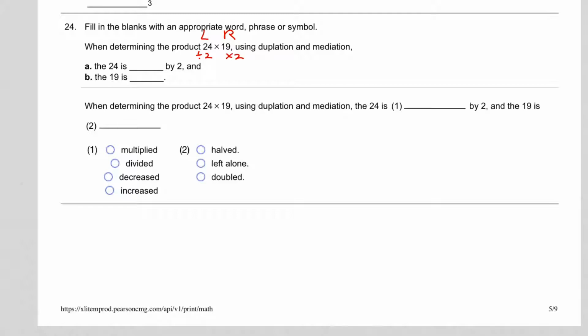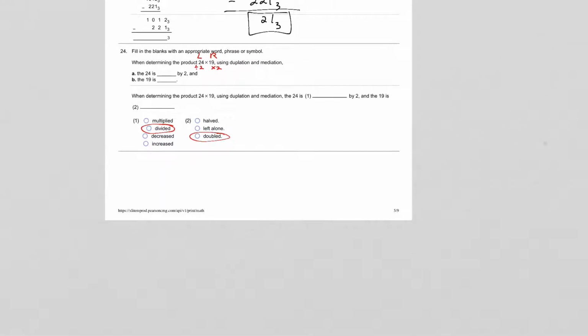So the 24 is divided, he's on the left, and the 19 is on the right, so he is doubled. Okay? So that's reminding you of the process.